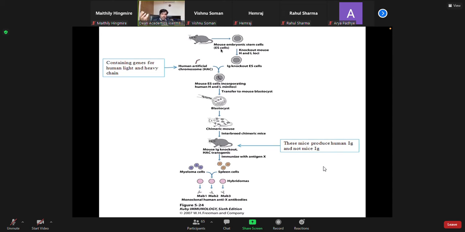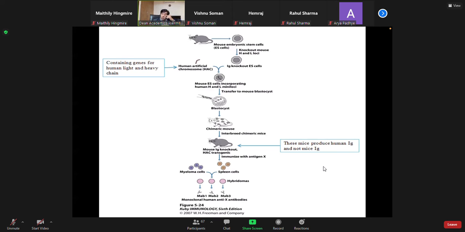So you isolate ovaries from this hormone-primed mouse, and then you can generate embryonic stem cells. Now, in these embryonic stem cells, you have to inject the genetic region, the loci of heavy and light chain.